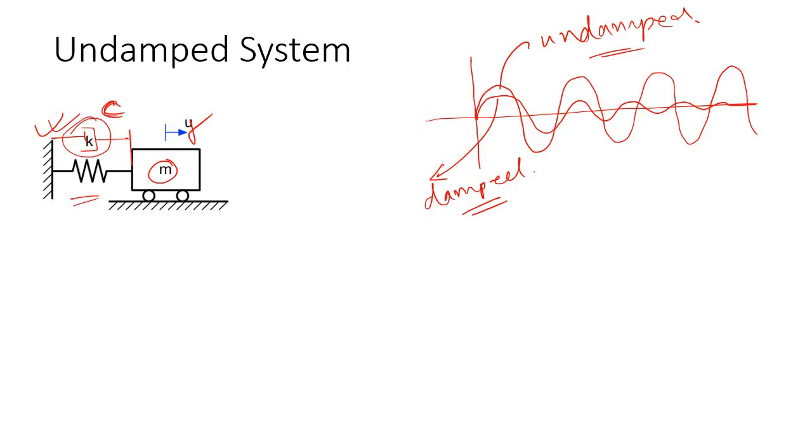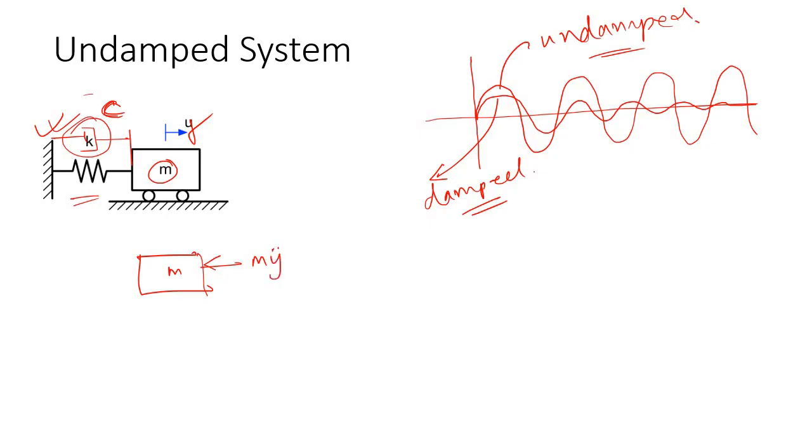So in the undamped system, let's try to solve this problem. First draw the free body diagram, right? If there is a mass M attached to a spring and you are applying some displacement y, the free body diagram will look like this. This is M. Due to acceleration, the force from Newton's law is M times acceleration.